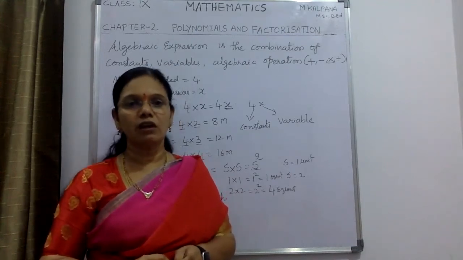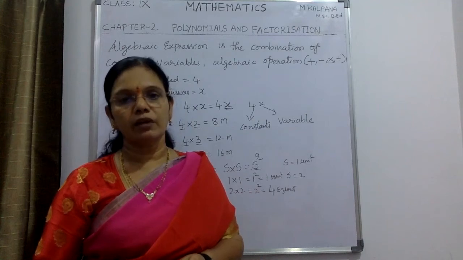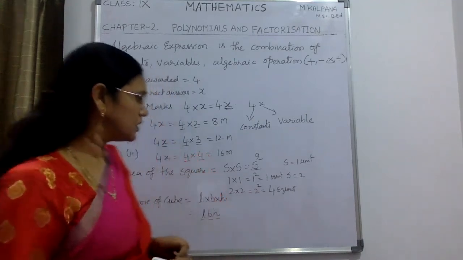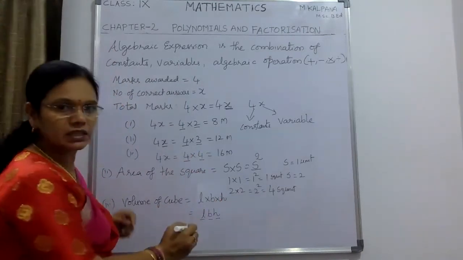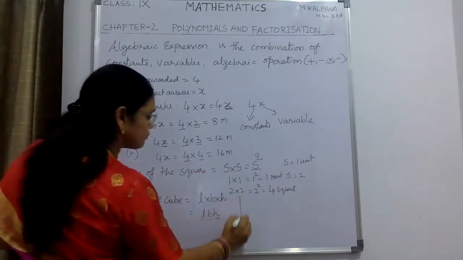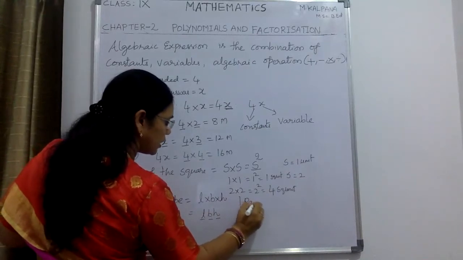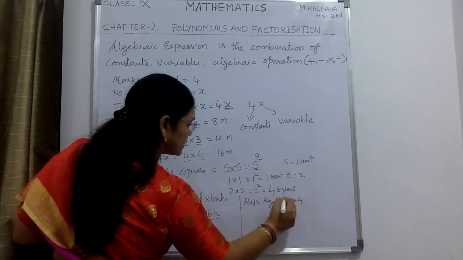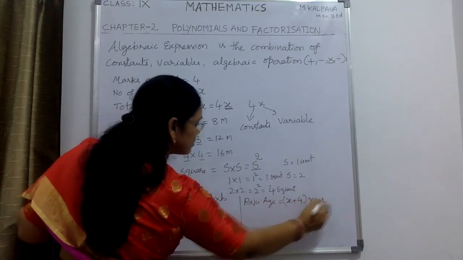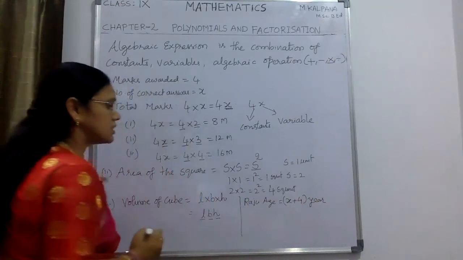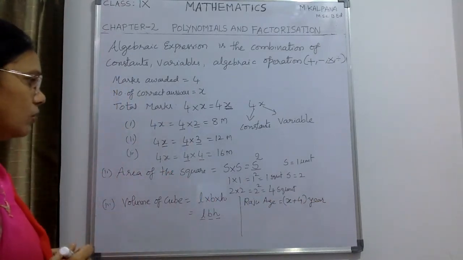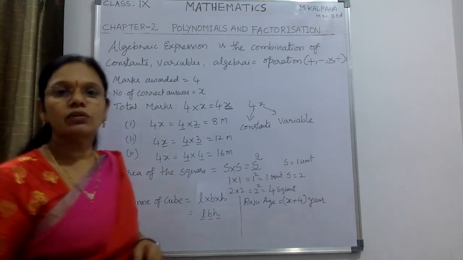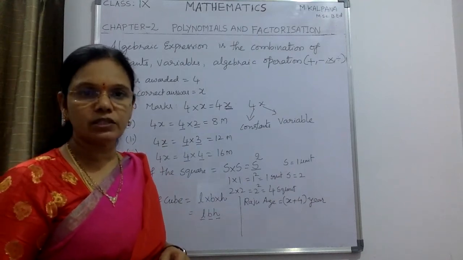The unknown thing, we always suppose with some alphabet, X, Y, Z, L, M, N, like that. So that can be represented as X plus 4. Ramu's age will become X plus 4 years. Understand? So here also this is a combination of constant and variable. So in all these cases, we can write algebraic expressions.